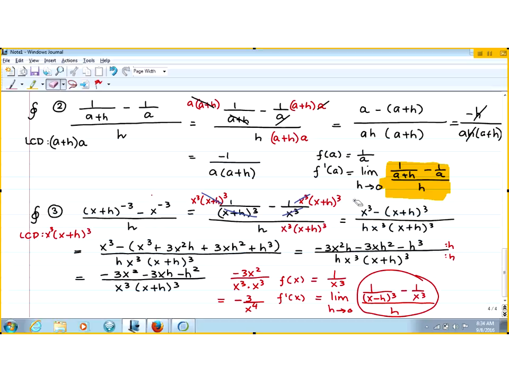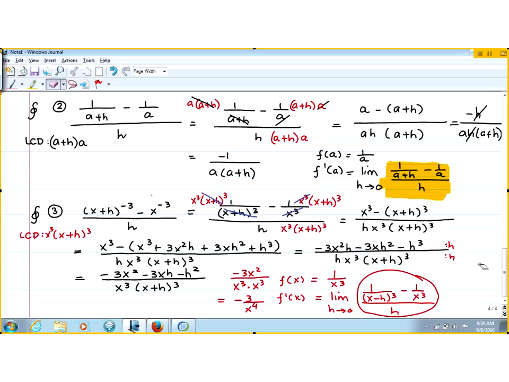Why wouldn't you expand the (x plus h) cubed in the denominator since you did it to the numerator as well? I need to do it in the numerator because I will cancel out the x cubed here. So I need to do it for the numerator because I simplify by canceling the x cubed.